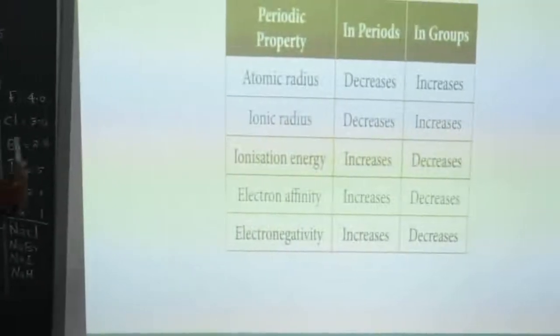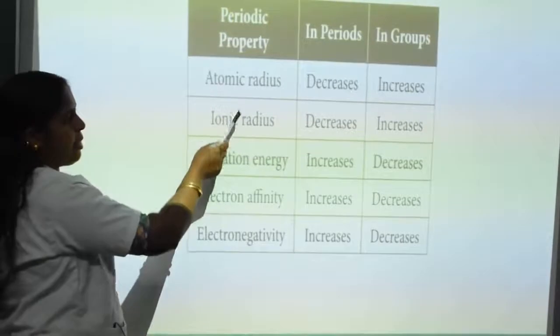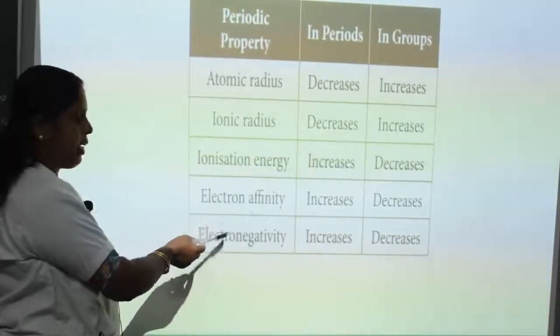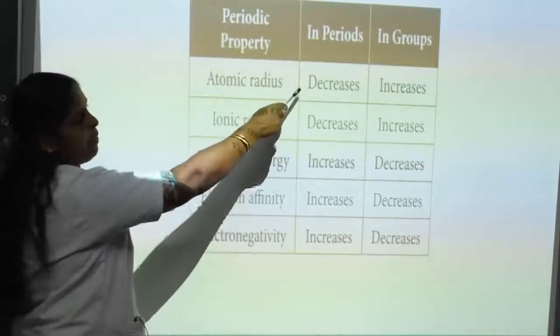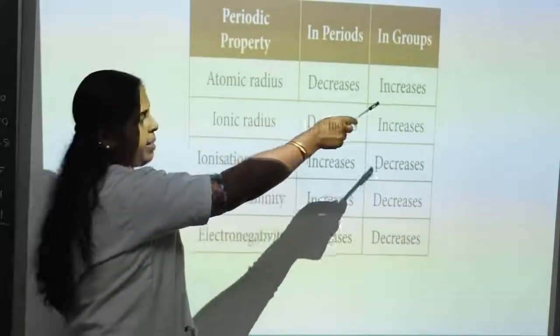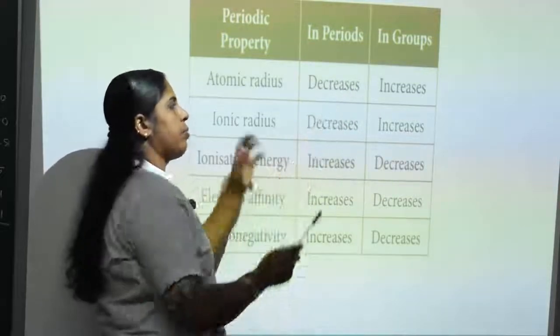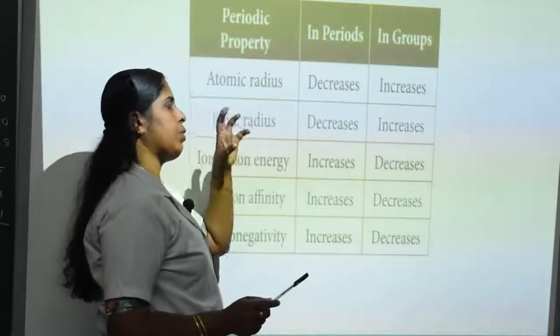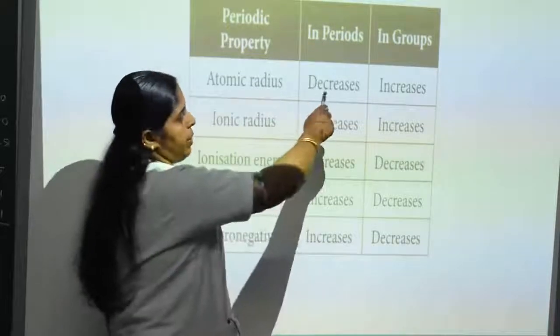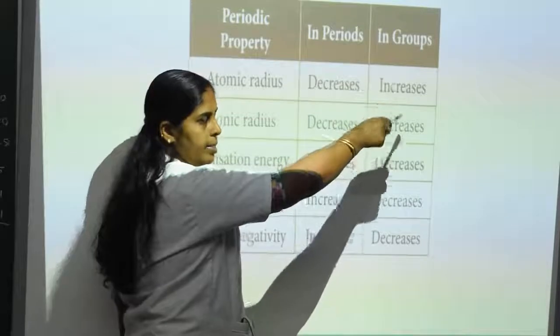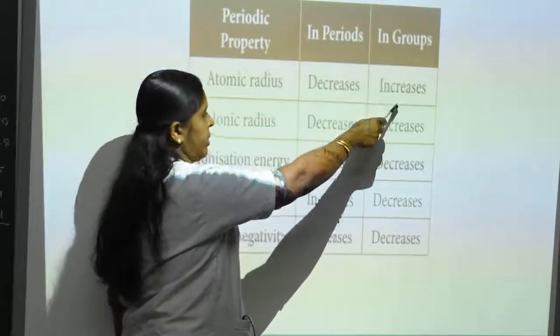Today we studied the periodic properties: atomic radius, ionic radius, ionization energy, electron affinity and electronegativity. In periods, the atomic radius decreases because of the attraction of the nucleus shrinking the atoms. In groups, valence shells are added, so the size increases.